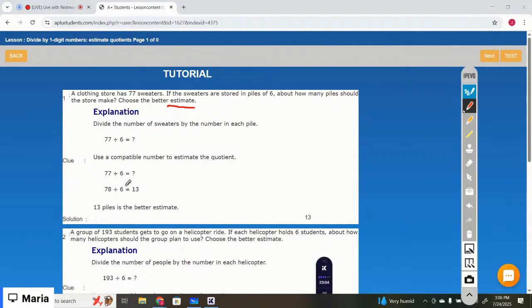We cannot divide 77 by 6, so we need to round off that 77 to 78 because 78 is divisible by 6. So 78 divided by 6 equals 13.